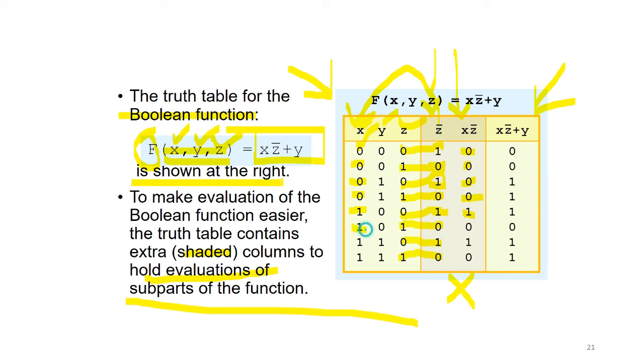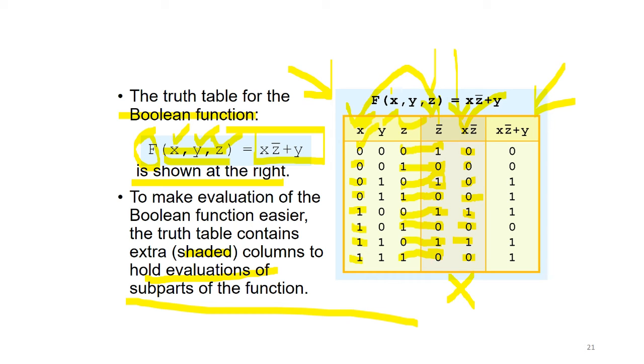This 1 getting multiplied with 0 gives 0. This 1 getting multiplied with this 1 gives us 1. This 1 getting multiplied with 0 gives us 0. Fine. So this is x z bar.